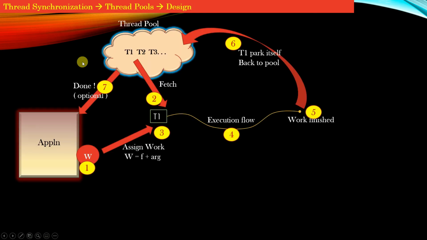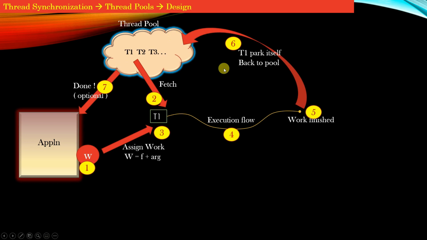From the previous diagram, you can see that in step number 6, a thread can come back and park itself to the thread pool, right? Now consider there are several threads running in the system, and at the same time those threads finish up the work and come back and park themselves to the thread pool.